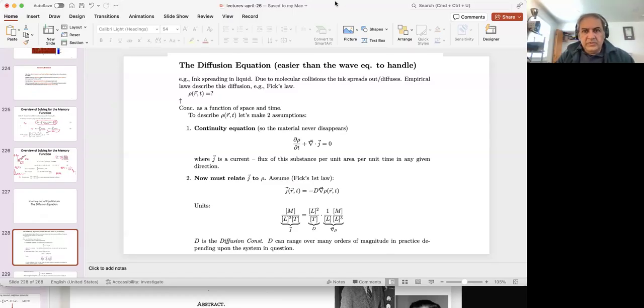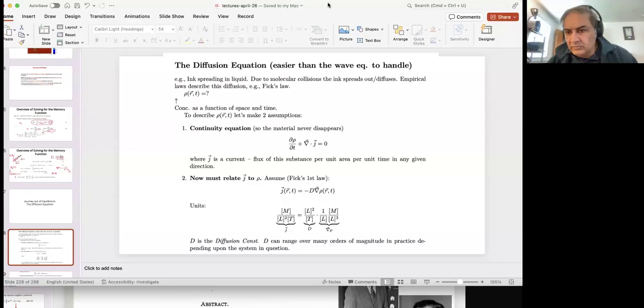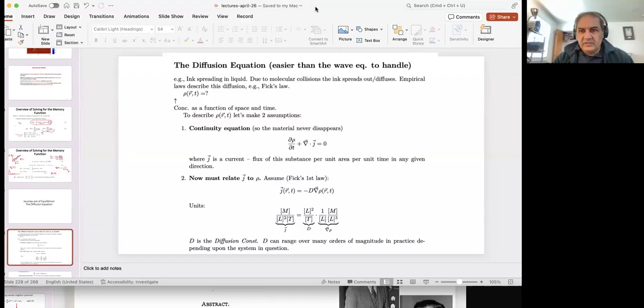So the diffusion equation, therefore, is not on the menu every time a non-equilibrium or a nonlinear course is taught. It's a matter of choice. I just threw it in because I thought I should at least let you see it. And if you find it important at any point in your research, in your study, you can use the idea and build on it yourself. So here, again, that ink spreading is the context given.